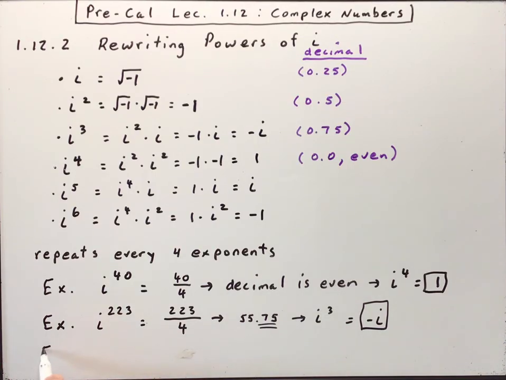All right, let's do one more. Let's say we want to figure out the reduced version of i to the 2001. So you're going to take the exponent and divide it by 4.